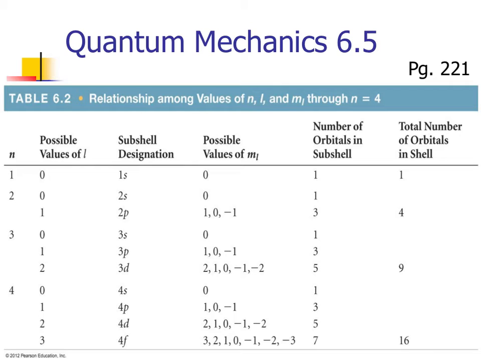The magnetic quantum number, the M sub L, has 3 orientations in space. How wide is the P block? Count boron to neon. How many elements wide is it? It'd be 6.